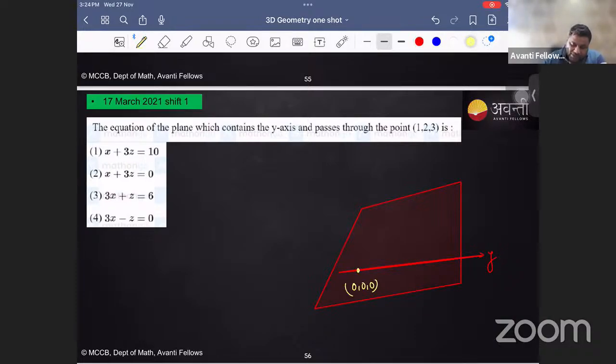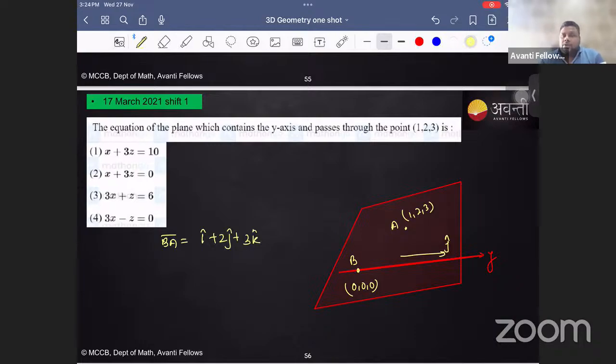There is a point 1, 2, 3 given to me. And there is a vector in the plane which is j cap. If this is A, this is B, what is the vector BA? That is i cap plus 2j cap plus 3k cap. Am I correct?